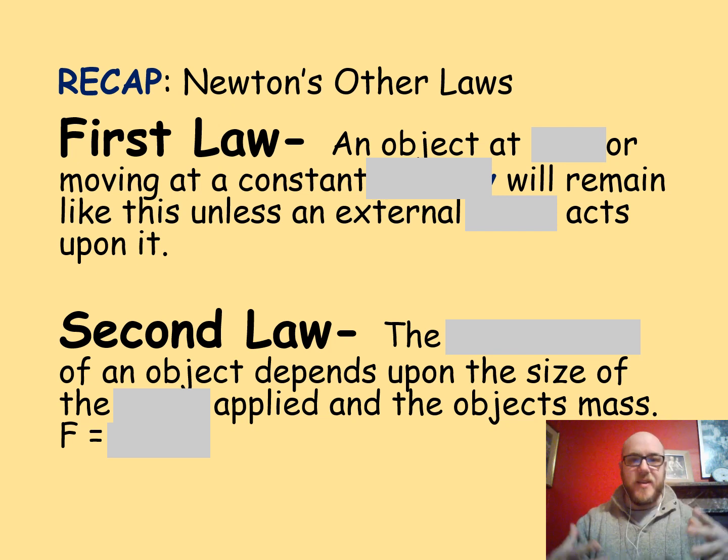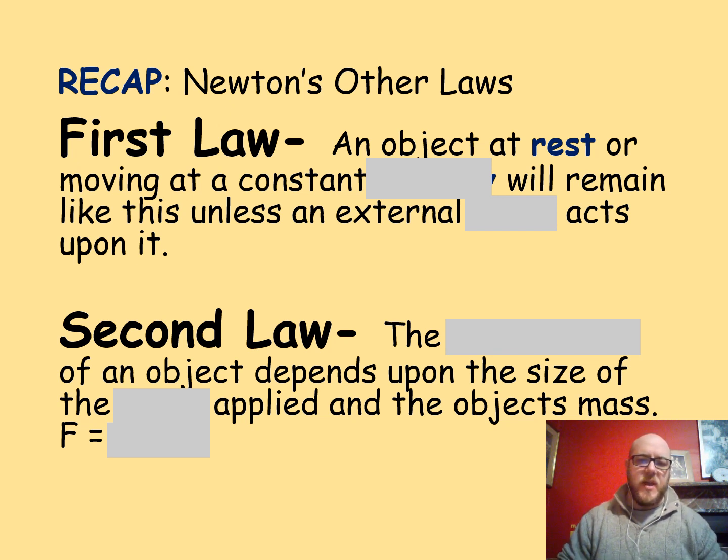An object, for example, me. I am a science teacher. Let's think of me as an object. So Mr. E is currently motionless, and I'll stay motionless unless something moves me. So an object at rest stays at rest unless acted on by an external force.